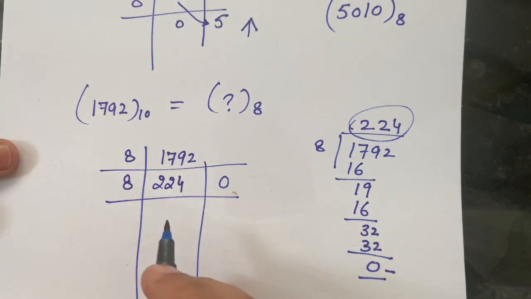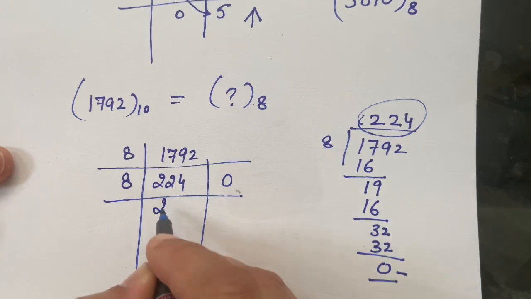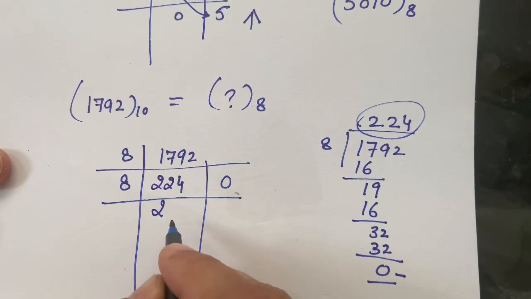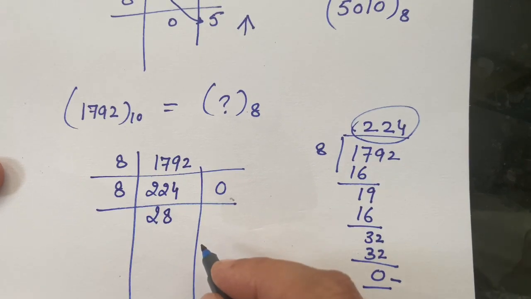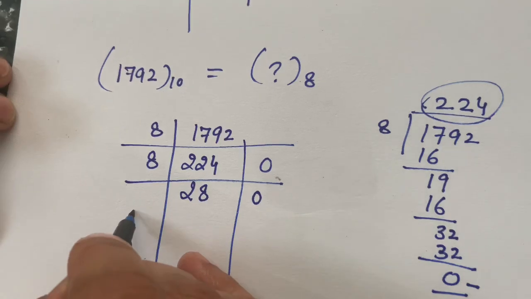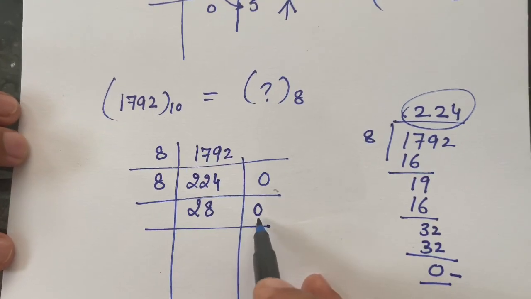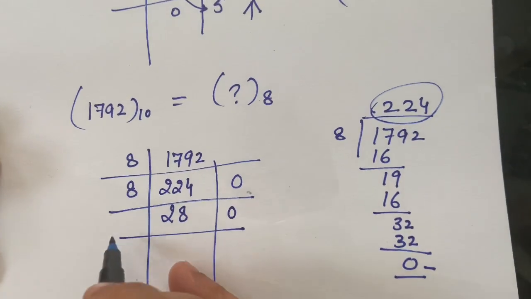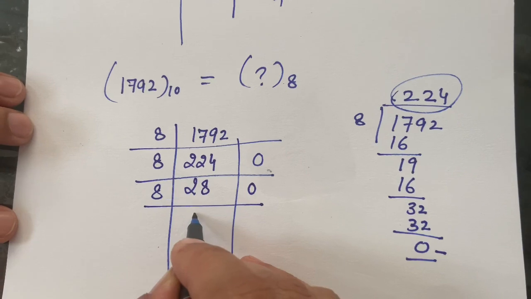Now again divide. 8 2s are 16 and 8 8s are 64. So we will get remainder 0. Now see, this is the quotient and the remainder we get is 0. Now 8 3s are 24.